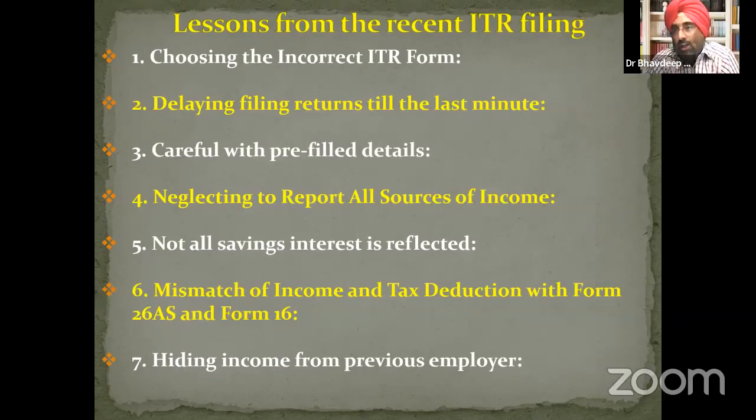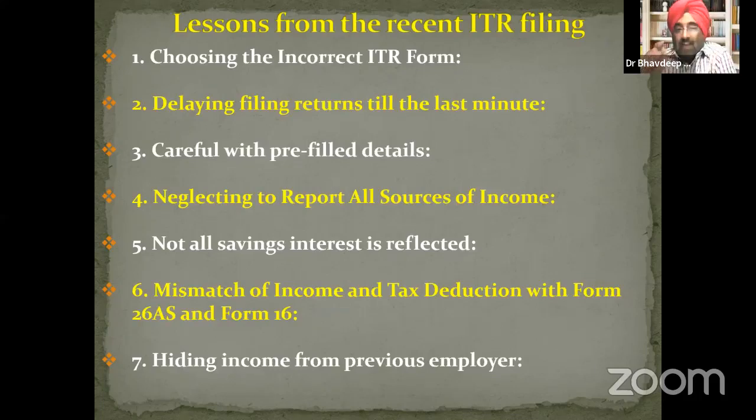It is your duty to report that, because it is not possible that you don't have a bank account. Anyone in India who's filing ITR will have a bank account, minimum 1 bank account. So if you don't report an income just because it was not reported in your AIS and TIS, you are committing a mistake.